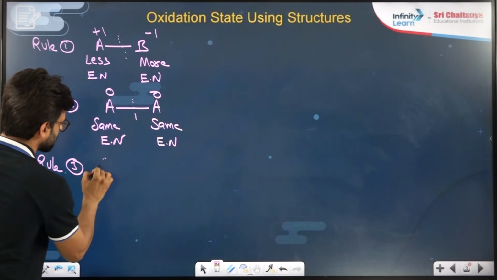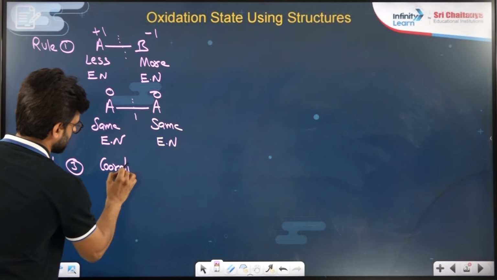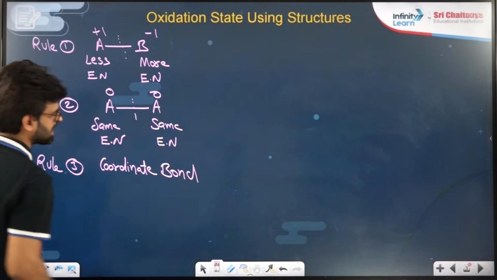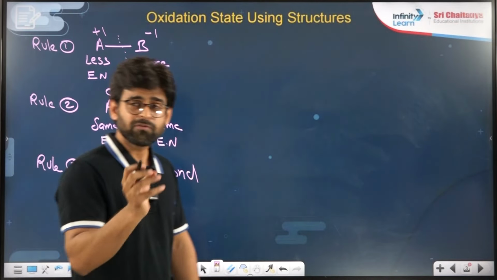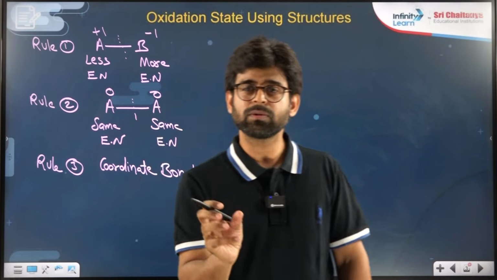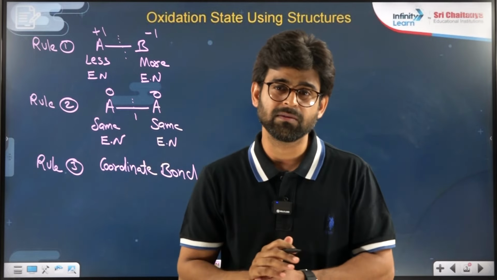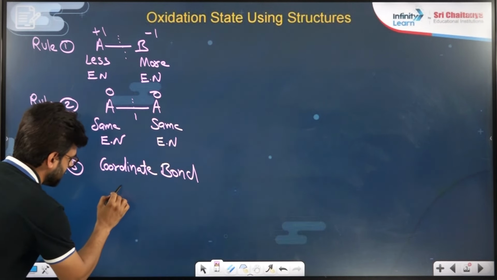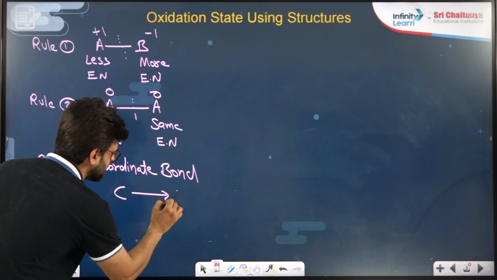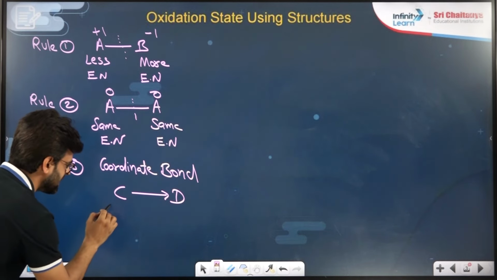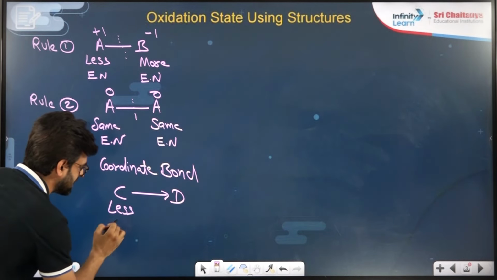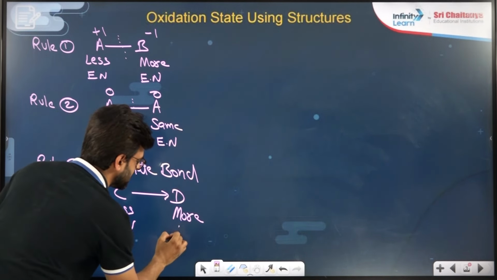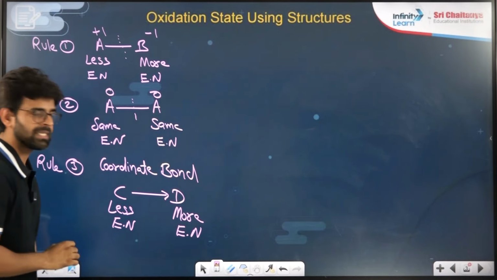Now the next thing is rule 3. This is specially for coordinate bond. If two atoms have a coordinate bond in between and we are breaking this bond, we have some different rules here. So first of all, imagine here we have C and D. C and D have a coordinate bond, and C is a less electronegative atom, and D is a more electronegative atom, right?